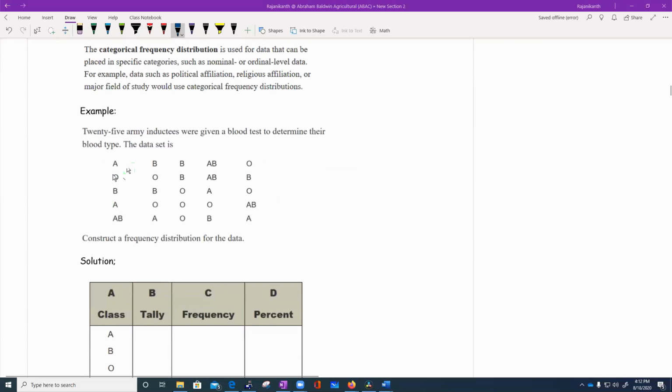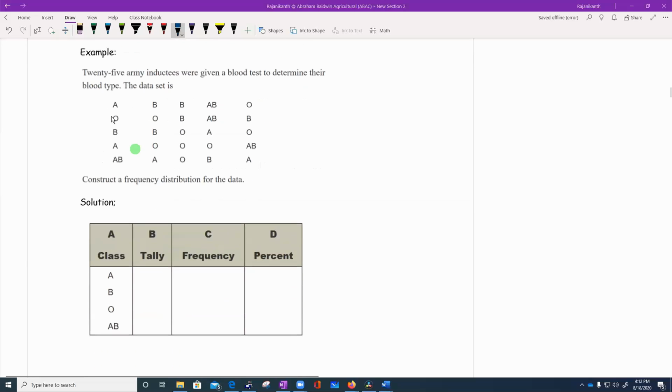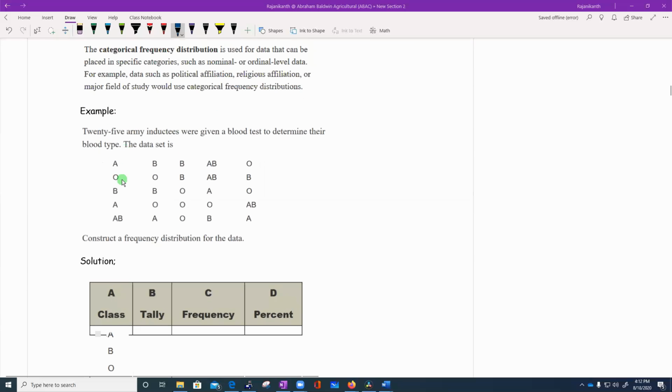You may have numbers in your raw data, or you may have some labels, names. If you see the names somewhere here, we call those labels or attributes, names, right? So this kind of data set we call categorical data. If you see letters or names, that is called a categorical data set.